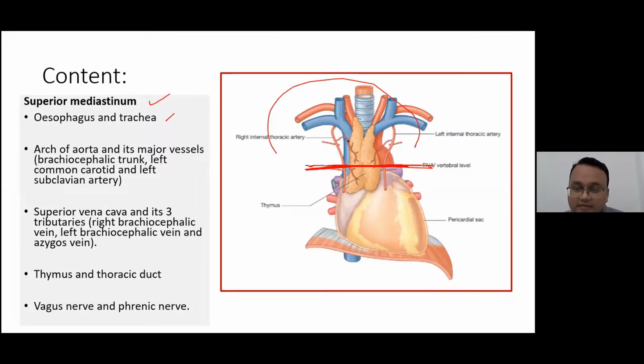You also have the superior vena cava coming down so that it will enter the heart, and its tributaries, to form the superior vena cava. And then we have the thymus and the thoracic duct, and also the vagus nerve and the phrenic nerve passing through. Don't forget the esophagus and the trachea. So these are generally the contents, right?